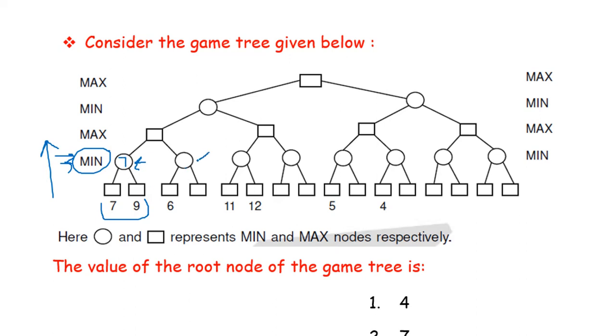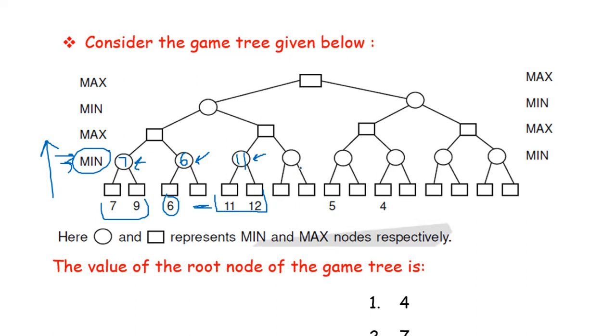For the next node, one child has value 6 and the other has no value. There is no value for the other child. So we will just take value 6. Now for the next node, again we have to find the minimum value. The minimum of 11 and 12 will be 11.